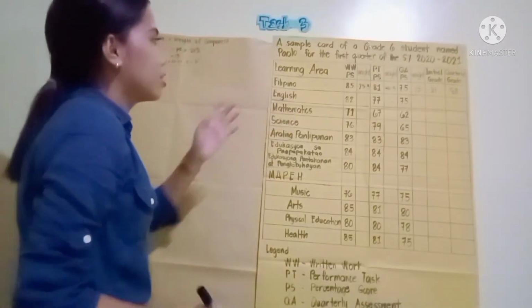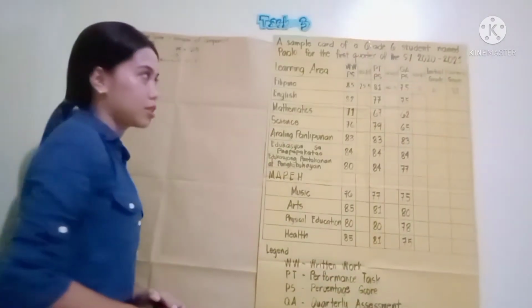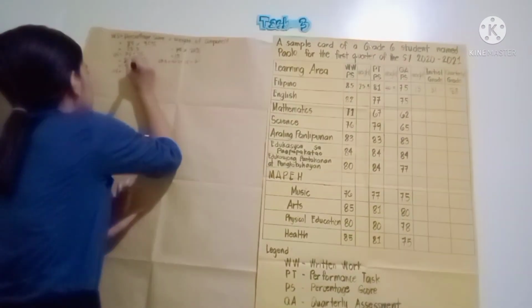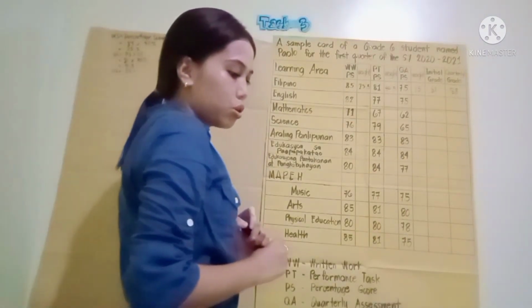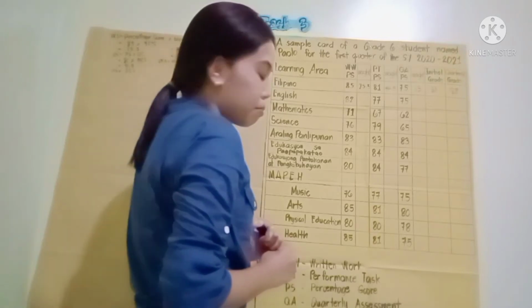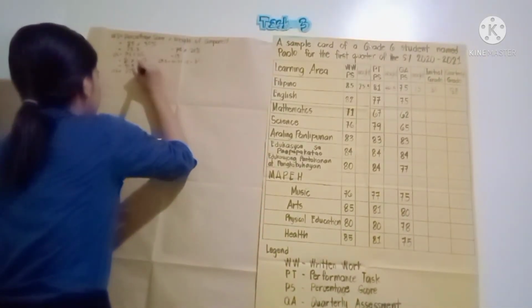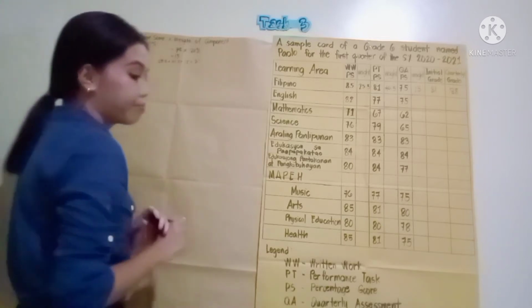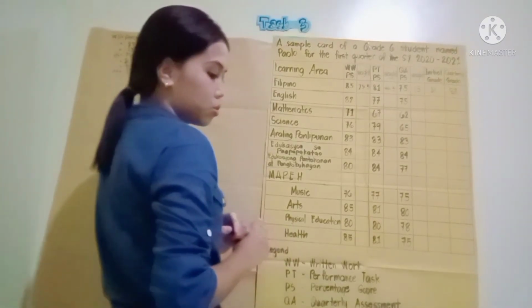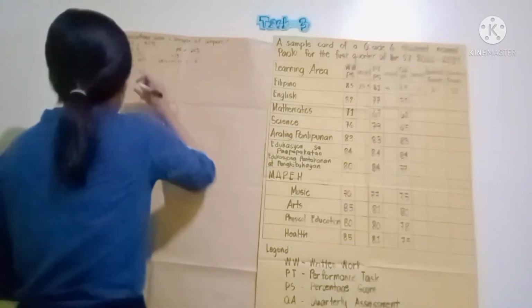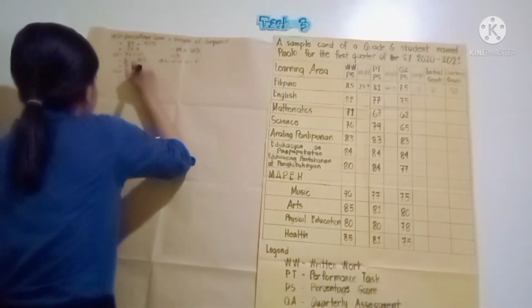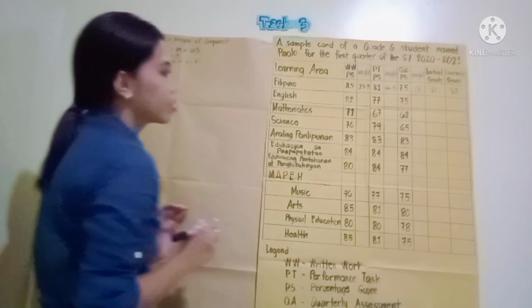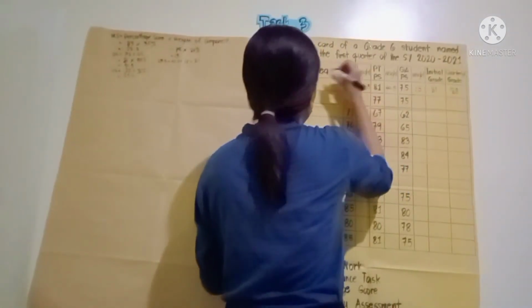Next, we need to get the weighted score of the written works in his English subject. 82 multiplied by 30% is equal to 24.6. It is 24.6.